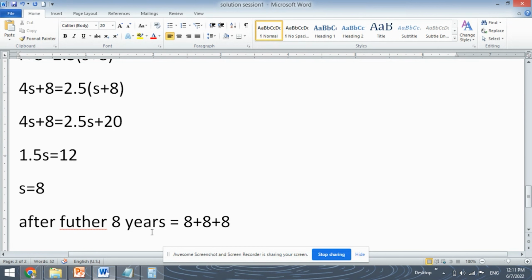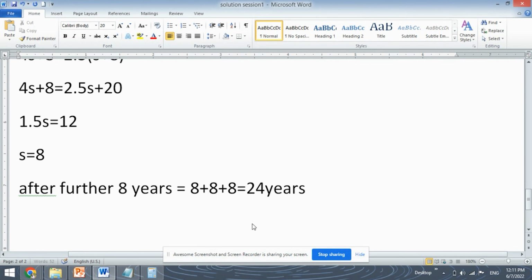Why? Because we had already considered this 8 in this equation. So at current state it is 16 plus 8, so this age will be 24 years of the son.